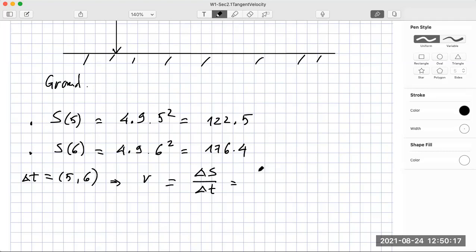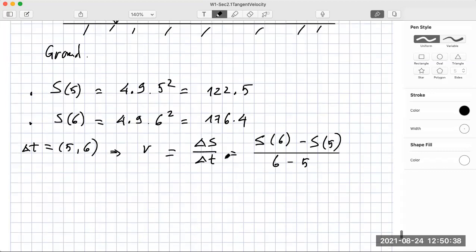It is 6 minus 5, right? The distance at the time t equal to 6, subtract the distance at the time t equal to 5, and we found it here.